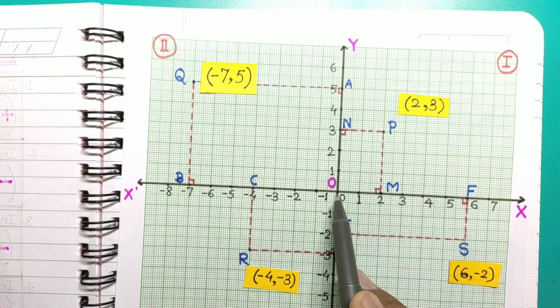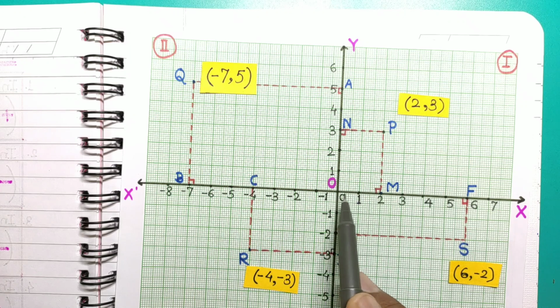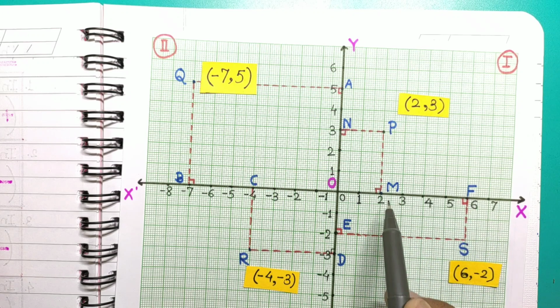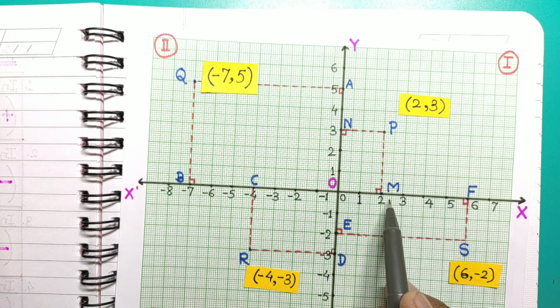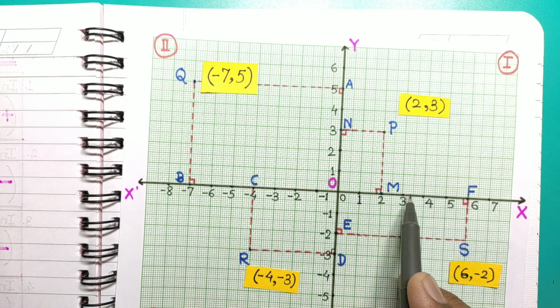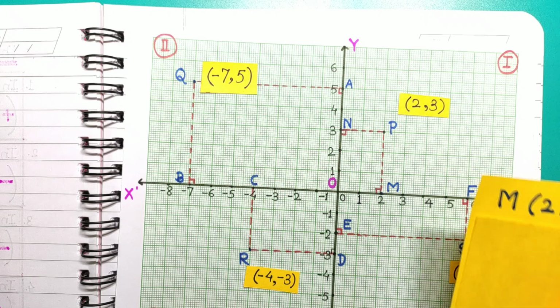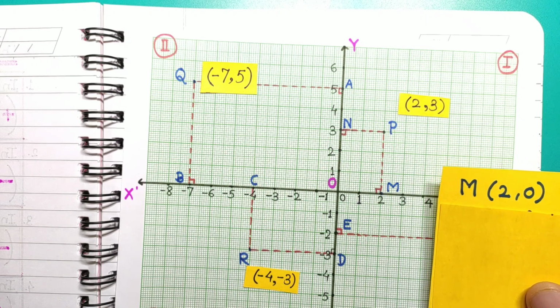Its distance from the y-axis is 2 units, and since it lies on the x-axis, its distance from the x-axis is 0, so its y coordinate is 0, and therefore the coordinates of point M are (2, 0). The x coordinate is 2 and the y coordinate is 0.